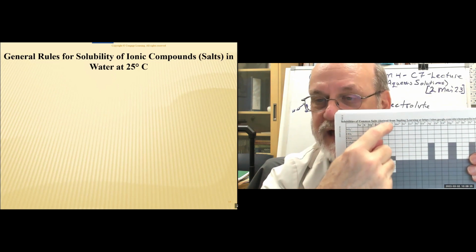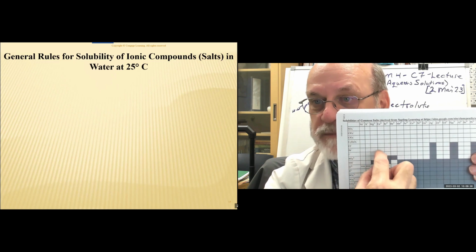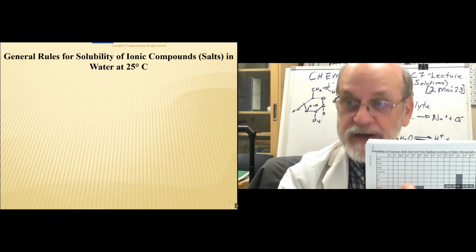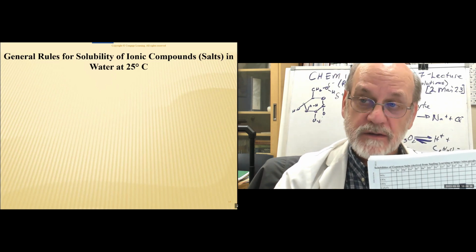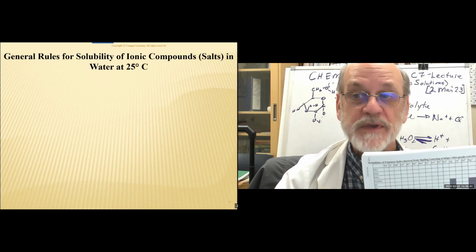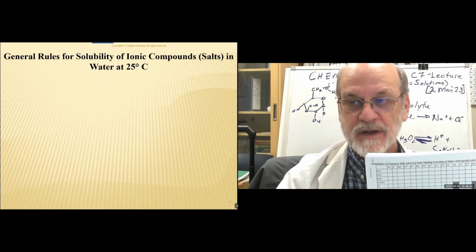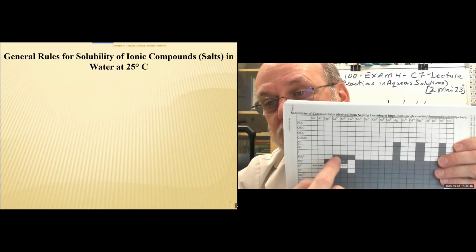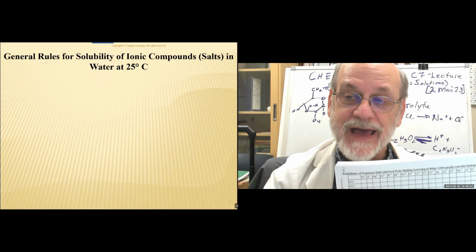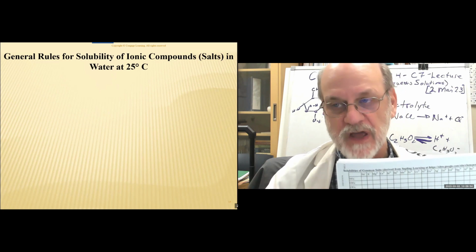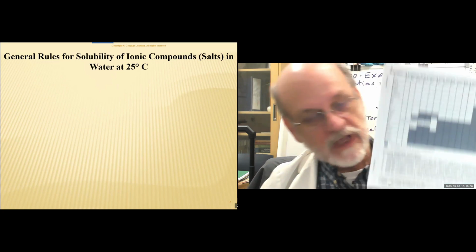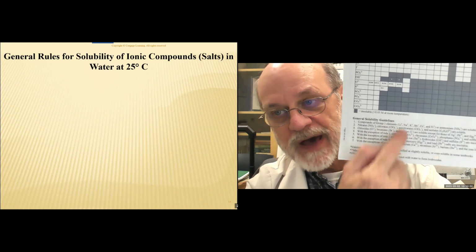And if you follow the cation down to where the anion meets it and look at the square or the rectangle, if it's clear, then the association of that cation with that anion will be soluble in water. But if, on the other hand, the square is grayed out, then the association of that cation with that anion will not be soluble. It will be insoluble. This chart is based upon some rules, and the rules are recorded down here at the bottom.